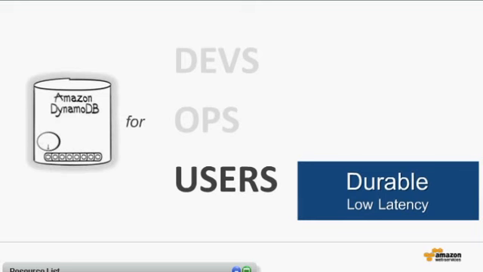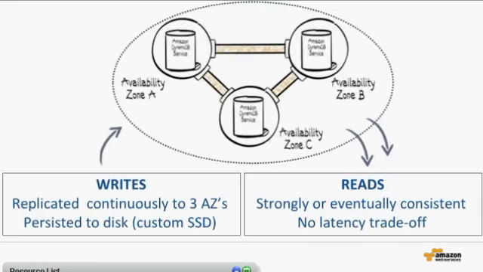So the third area is where DynamoDB is useful to users, and that really is in creating this durable, low-latency environment that your application requires. So as we talked about already, DynamoDB will replicate the data under the hood across these availability zones. So once you write your data in, it will continuously replicate against multiple availability zones, and you'll only get an acknowledgement of a write when it's written across multiple data centers.